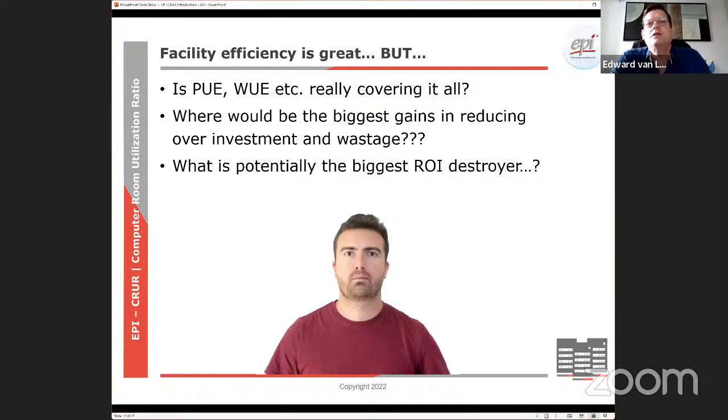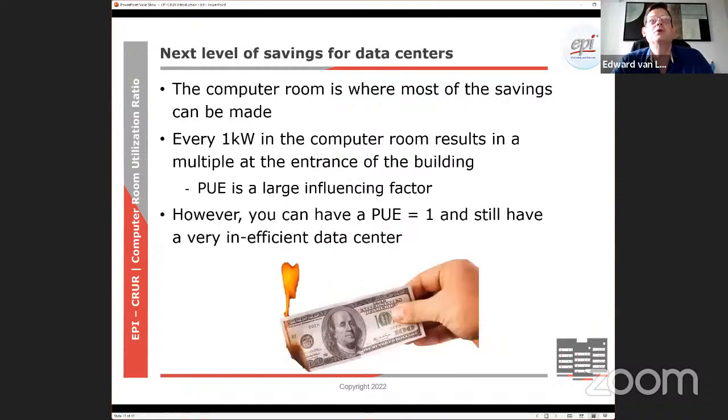Well, I'll see that there are some new metrics that came in, CUE, WUE, etc. But really, if we are looking at, say, the overall data center setup, where is typically the biggest waste, and therefore where is the biggest return on investment destroyer, as we call it? And the fact is really, it's the computer room itself. We all know that because of PUE, for every kilowatt that we put on the computer room floor, there will be a multiple of kilowatts at the building site.